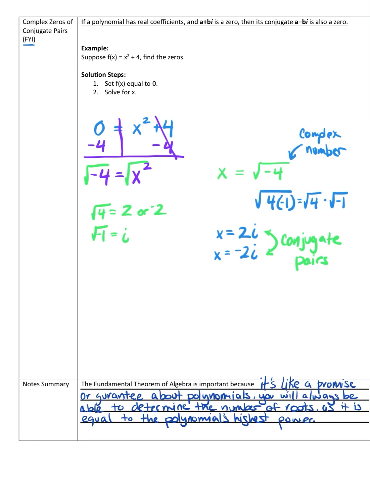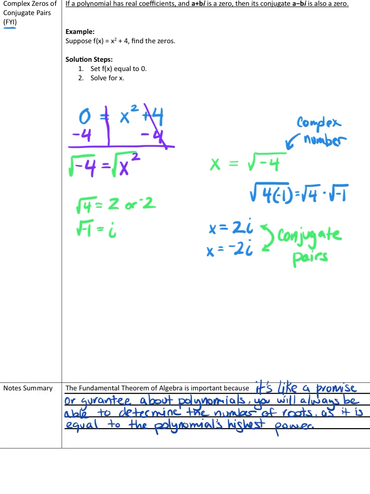As a bonus, I went ahead and wrote a note summary, but I would like for you to see if you can come up with one different from ours, something else you were able to pull out about the Fundamental Theorem of Algebra. What I wrote was, the Fundamental Theorem of Algebra is important because it's like a promise or guarantee about polynomials.